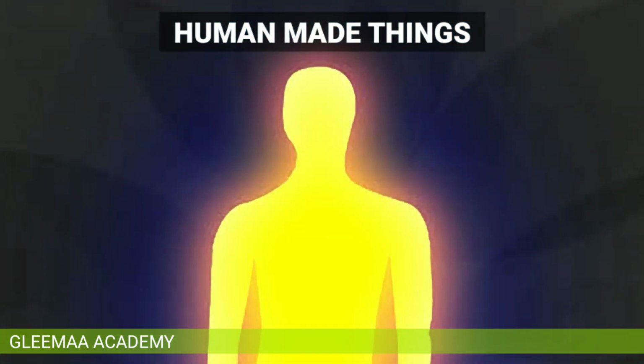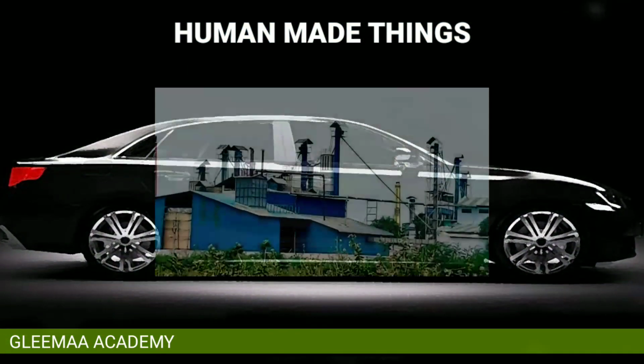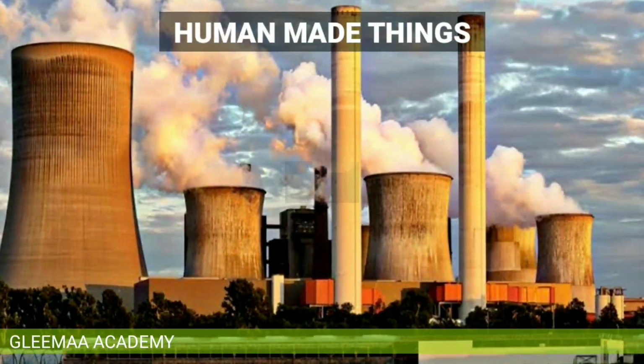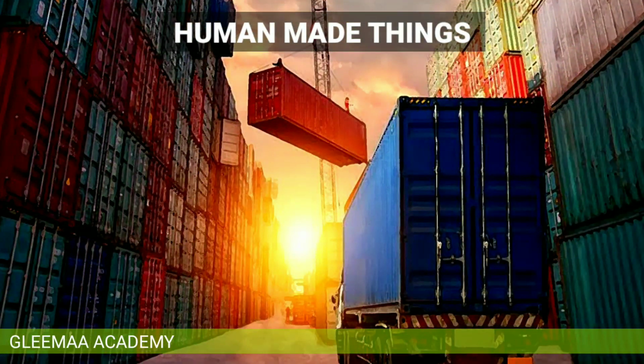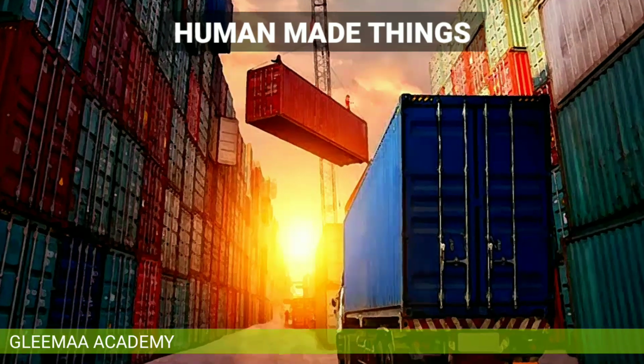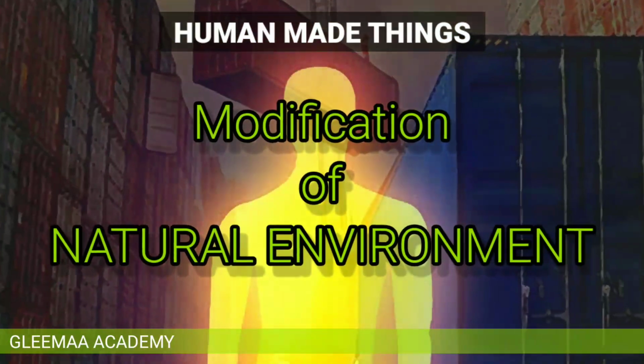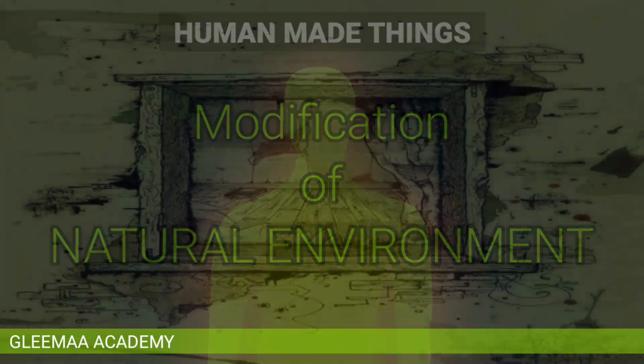Human beings make cars, mills, factories, and manufacture containers. This is how human beings modify the natural environment.